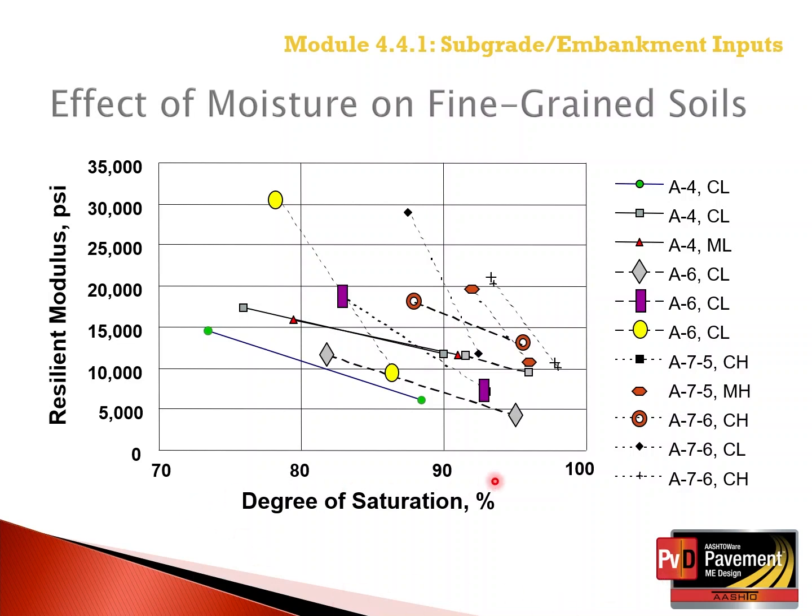So the degree of saturation is along the x-axis, resilient modulus along the y-axis, and as the degree of saturation increases, the resilient modulus decreases. And there are adjustment factors included in the Pavement ME software, specifically from the Enhanced Integrated Climatic Model, to make adjustments to the resilient modulus based on how the degree of saturation changes, because it can increase, it can also decrease from a specific value. And so the resilient modulus would increase or decrease depending upon the change in the degree of saturation.